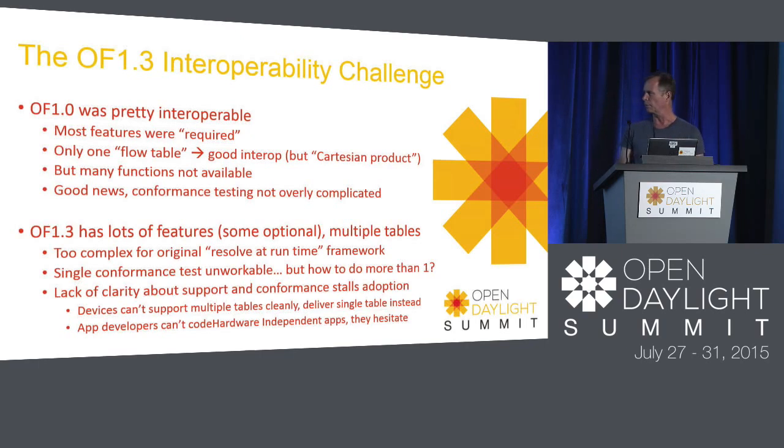Life was quite simple, although it was also very constrained. The simplicity was also a constraint. The downside was that a lot of functions were not supported, but on the upside, conformance testing was not super complicated, so they were able to develop conformance testing and conformance test a bunch of devices.